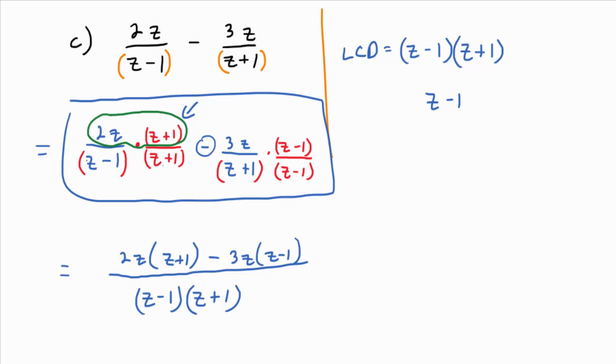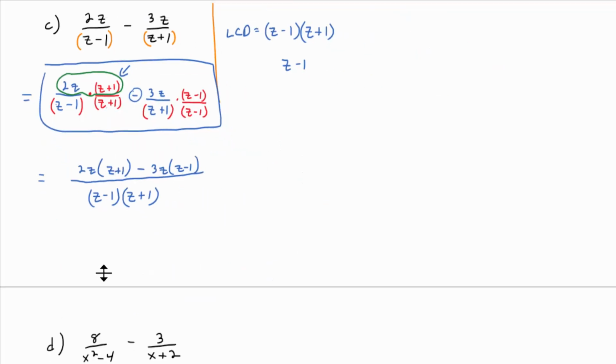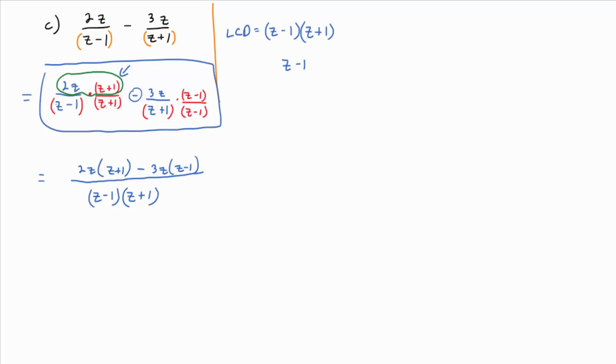So what can I do? I can multiply out the numerator. Don't multiply out the denominator. There's no reason to. Multiply out the numerator, combine like terms, to simplify it. So that's what we'll do. If I distribute the 2z in the first grouping, what do I get? 2z squared plus 2z.